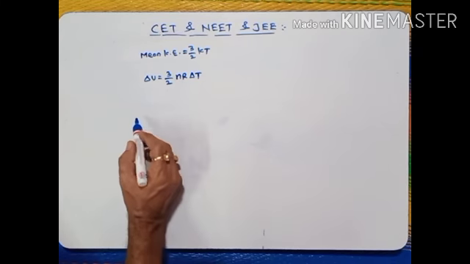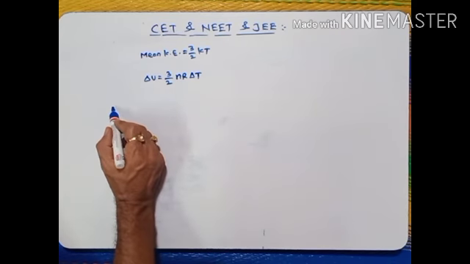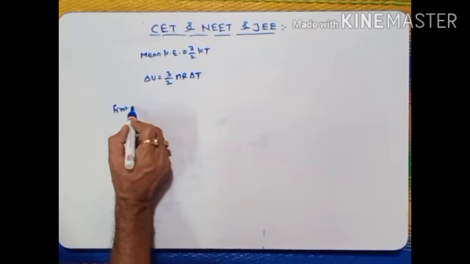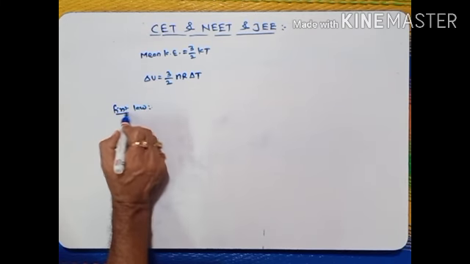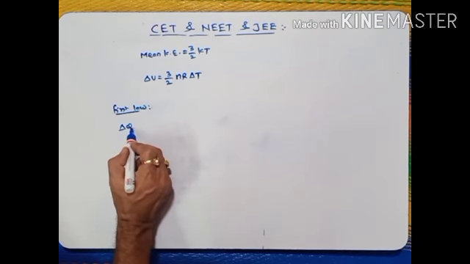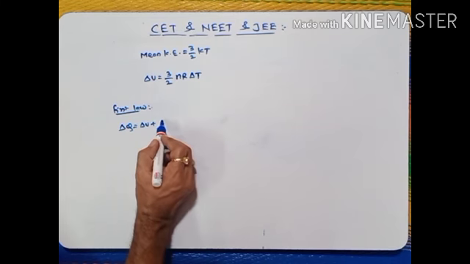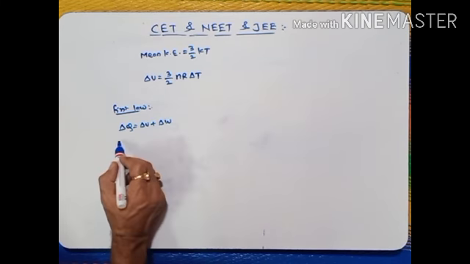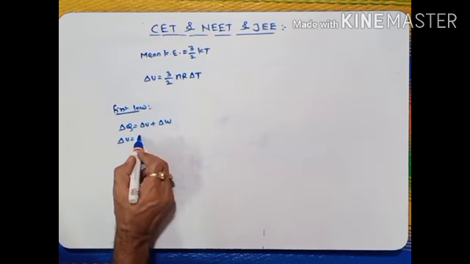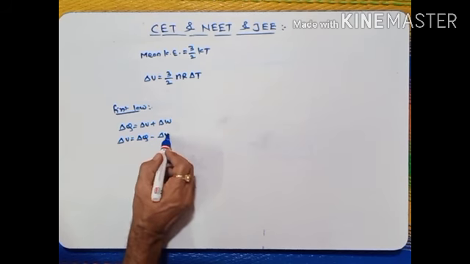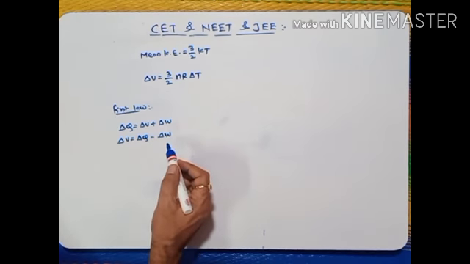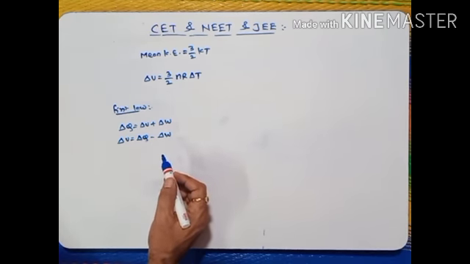Now you know about the first law of thermodynamics. What is the first law? Delta Q is equal to delta U plus delta W, or delta U is equal to delta Q minus delta W. Instead of delta W we can use only W.